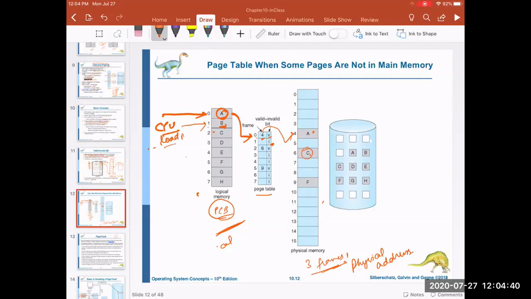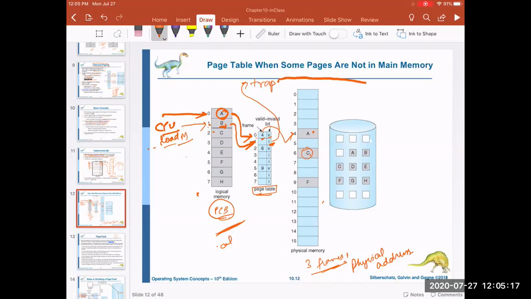So it makes an attempt to read the instruction load M, which is in page number 1, because we have divided our process into pages. So this will go to the memory. This will hit the page table, because there are the same number of pages here, because this is private to each and every process. So page 1 would have an entry, but for this, the bit here is invalid. Now when it is invalid, it will generate a trap.